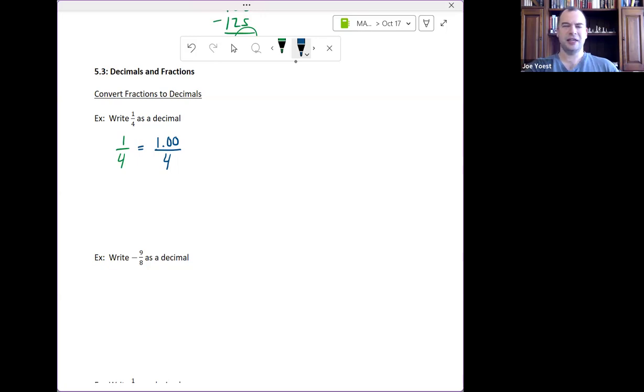Now it seems kind of artificial, kind of silly, but I've manufactured a problem where I now have a decimal number divided by a whole number. I know how to simplify these: I do long division, right?